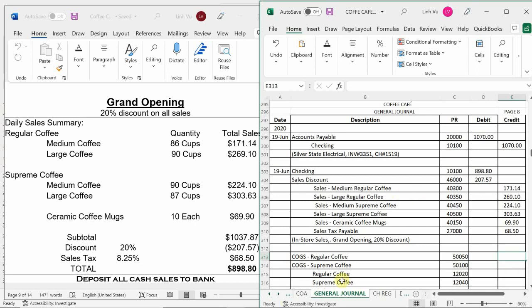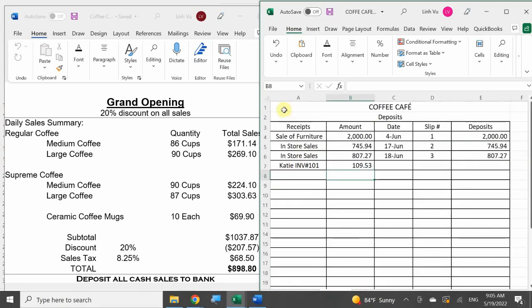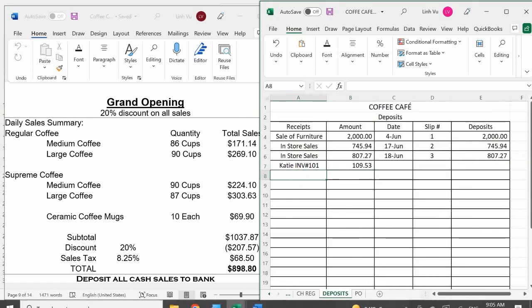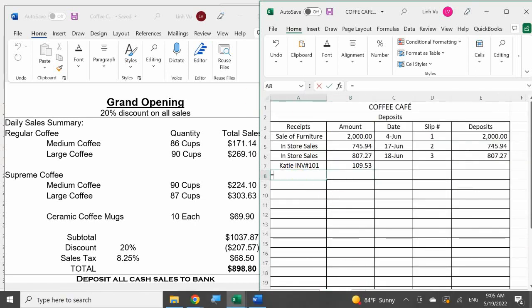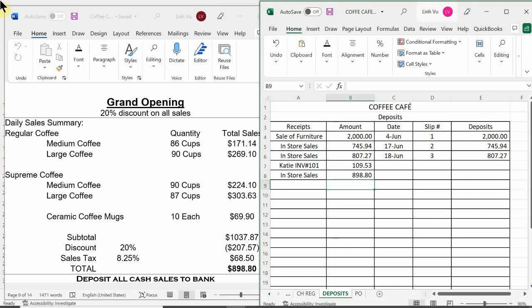So I'm going to do my deposit first, okay? Because here I received in-store sales money, okay, for $898.80.